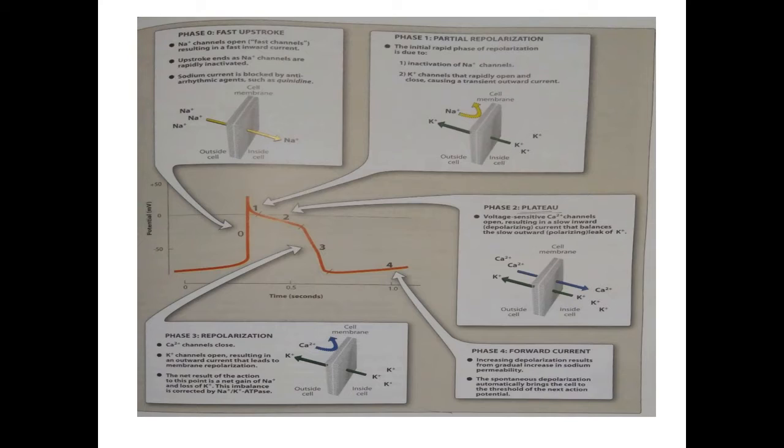In phase 2, as I already said, calcium intake occurs and potassium outflow is also there. In phase 3 potassium outflow occurs and calcium intake is blocked, and then the sodium potassium balance is restored through sodium potassium ATPase activation, and in phase 4 the resting membrane potential is attained.